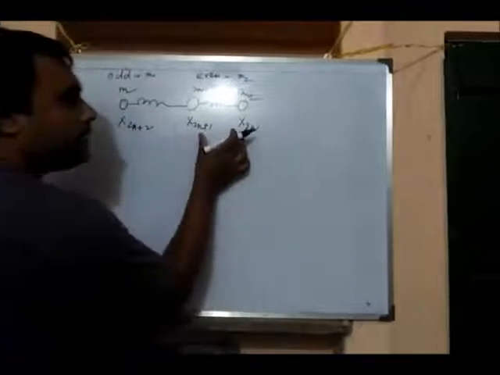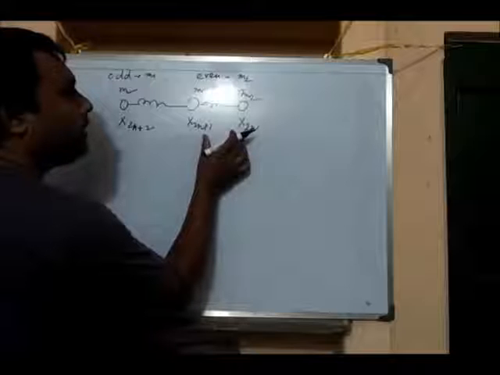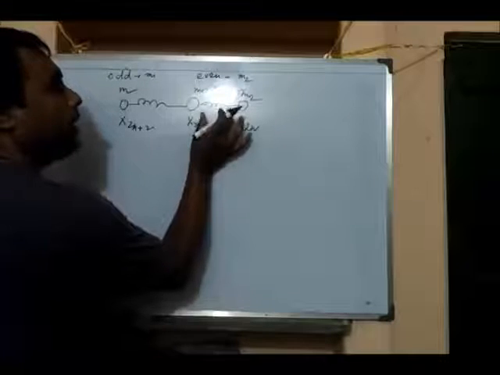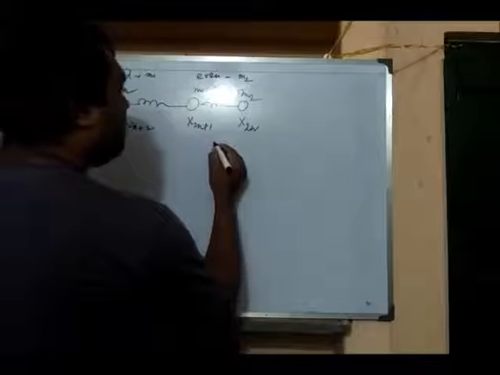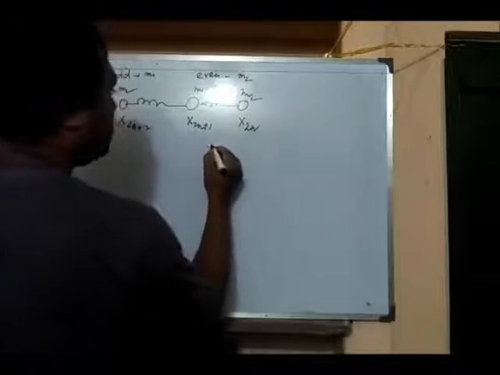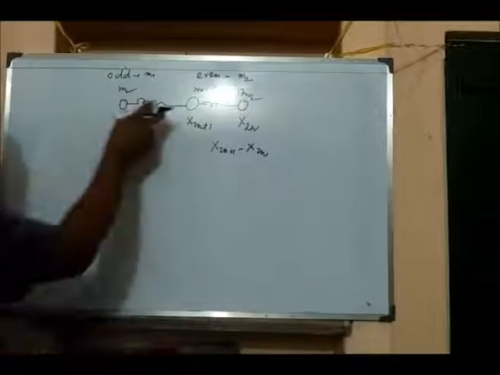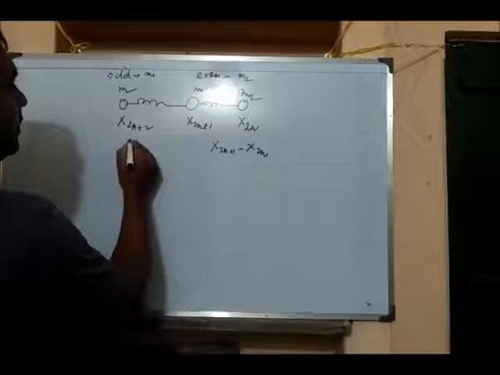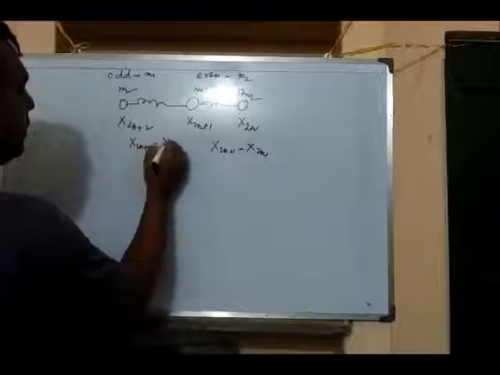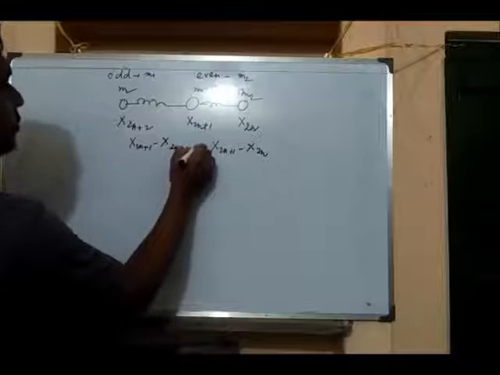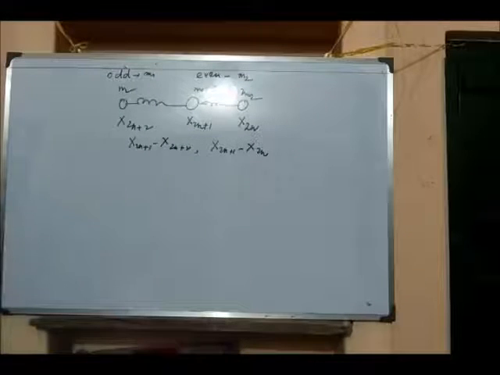So the relative displacement between these two, that is how much the spring will be either compressed or elongated, is given by x2n+1 minus x2n. And at the same time, the other spring will be either compressed or elongated by x2n+1 minus x2n+2. So these are the compression or rarefaction of the two springs in two different directions.